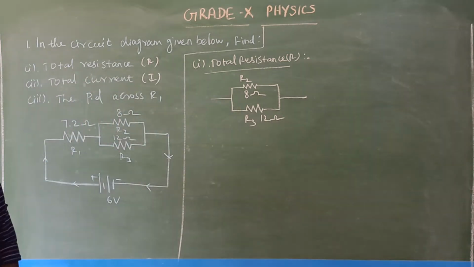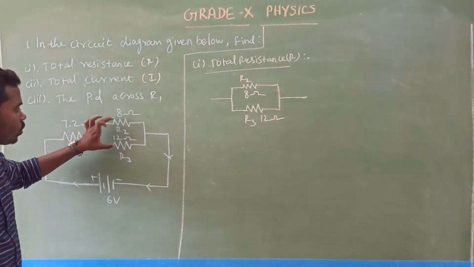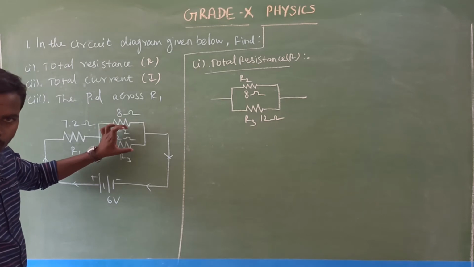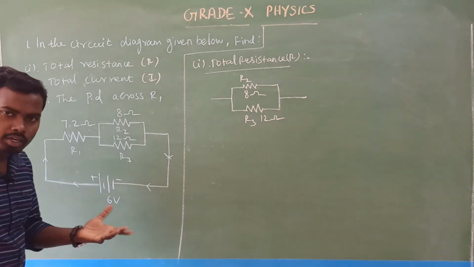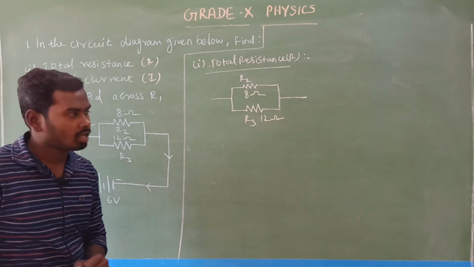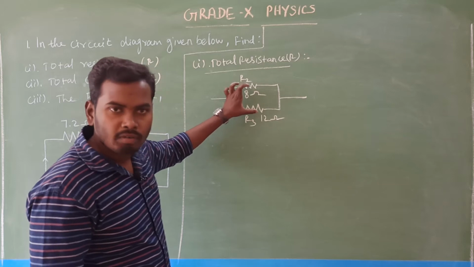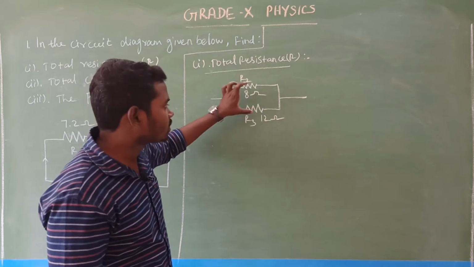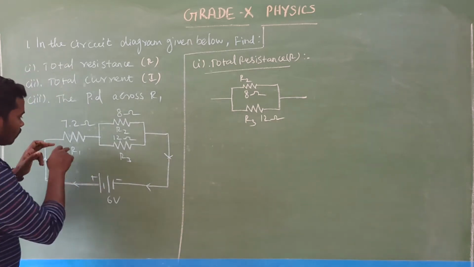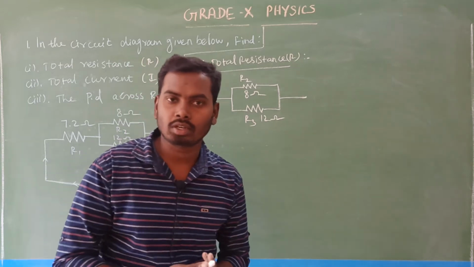Note this point: if we find the total resistance for these two resistors, we can convert this parallel into series. Then if we add resistor 1 and the new resistor, we can get the total resistance of this circuit.